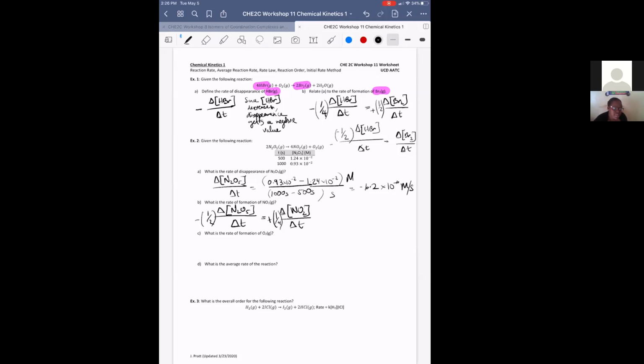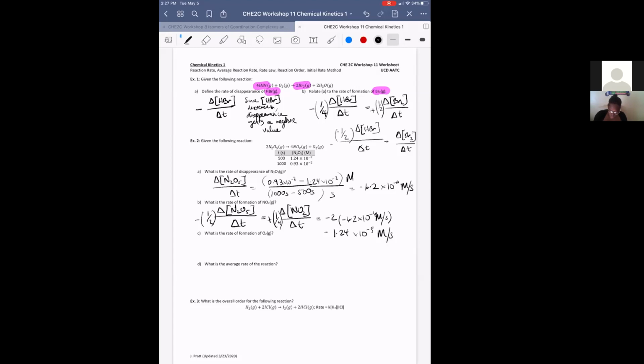When we do this calculation, we take negative 2, multiply it by negative 6.2 times 10 to the negative 6 molar per second. This gives us 1.24 times 10 to the minus 5 molarity per second. That would be our rate of formation of NO2 compared to N2O5.